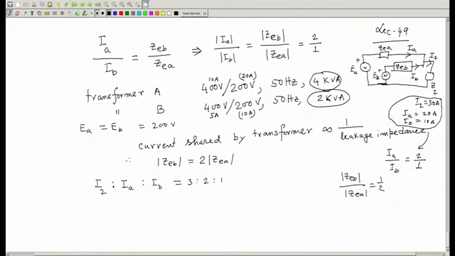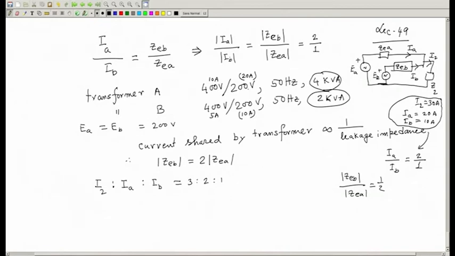Therefore, I should now add another important point: if you want to have meaningful parallel operation of transformers, then voltage ratings must be the same. kVA ratings may be different.